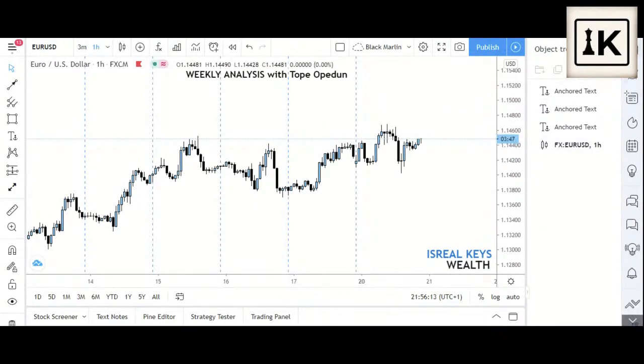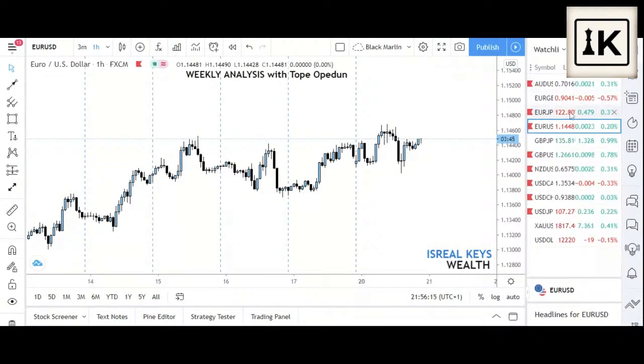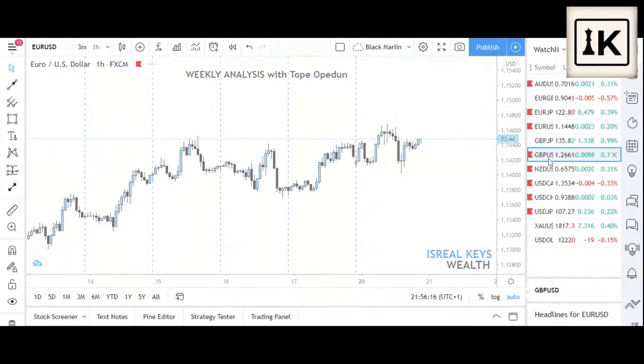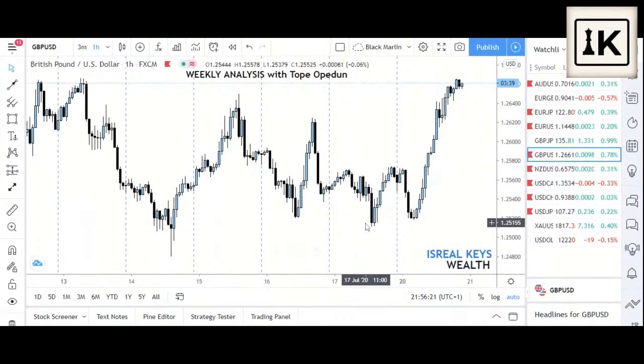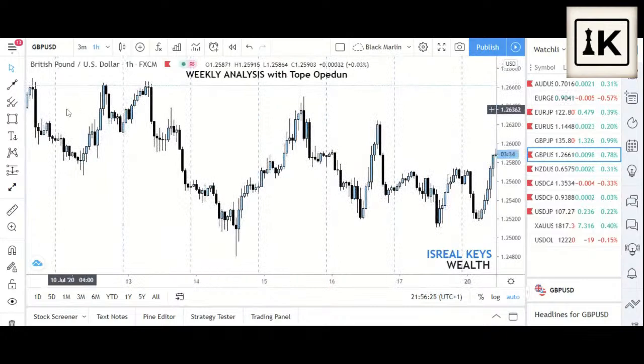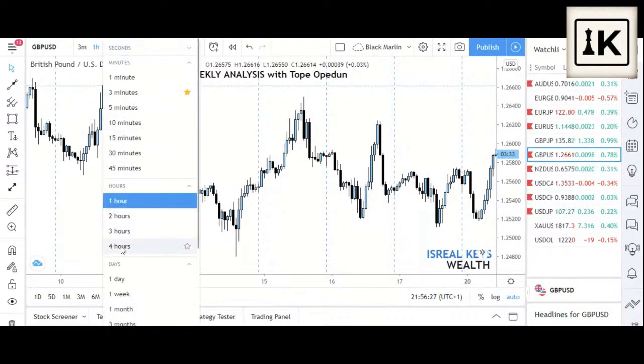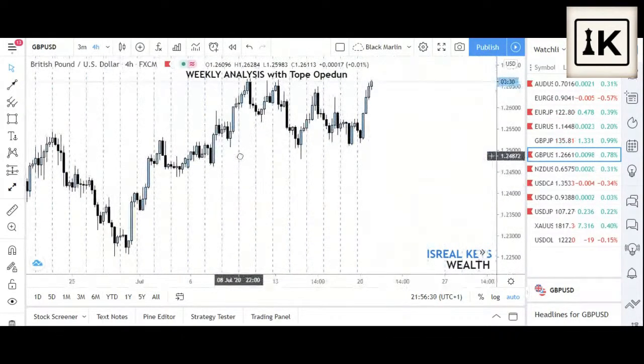Cool. Okay, GBP USD, where you at? Over here. Today I missed a great trade over here. I was like, oh, but well, we'll see. Another day, another dollar.